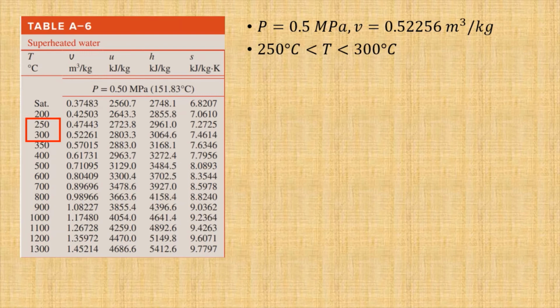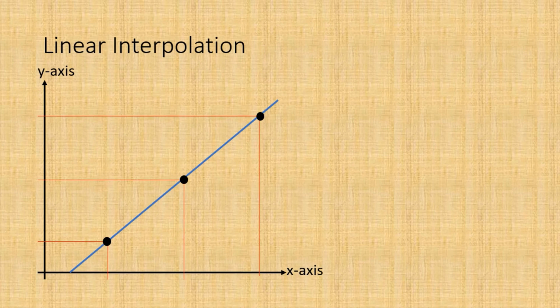We can use this graph for a better understanding of linear interpolation. We have 3 points here. Point 1 with x value x1, y value y1. Point 2 with x value x2, y value y2.